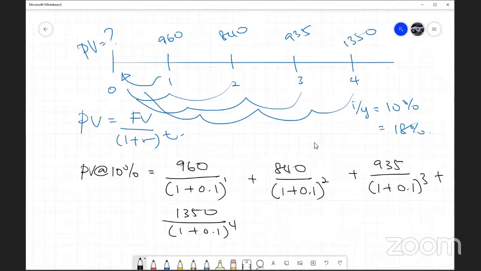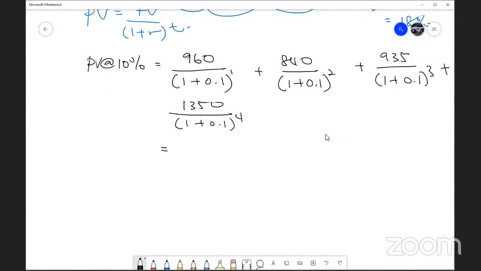Total up all this together, you get your present value at 10%.